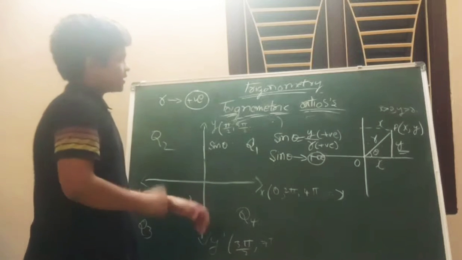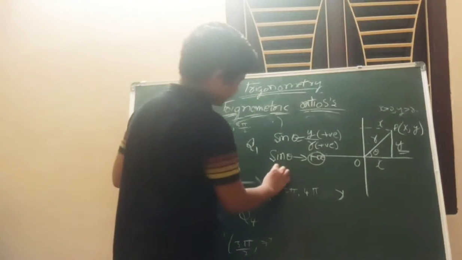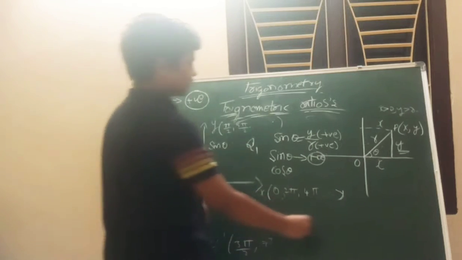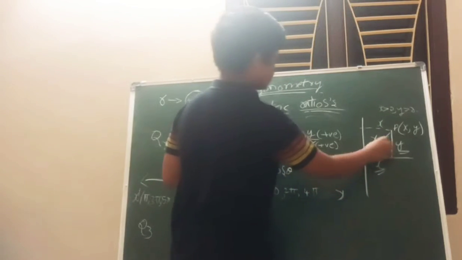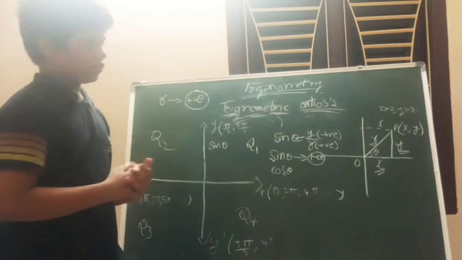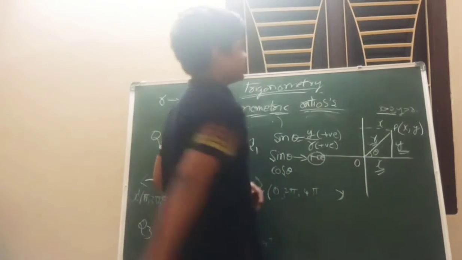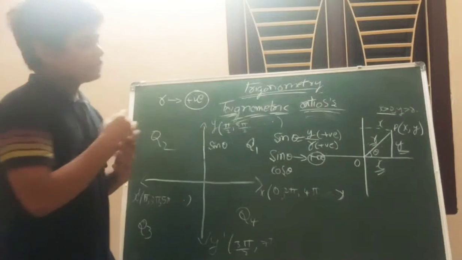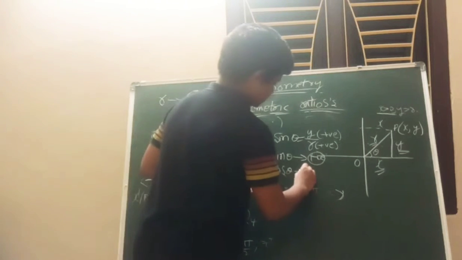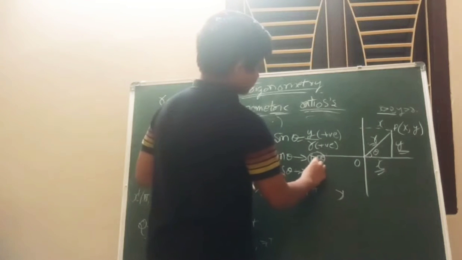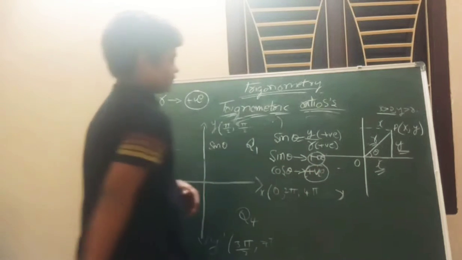Next let us discuss cos. We know that cos theta is equal to the adjacent side to theta by the hypotenuse, and again the hypotenuse is always positive, and x is also positive. So positive by positive, cos theta is positive in quadrant 1.